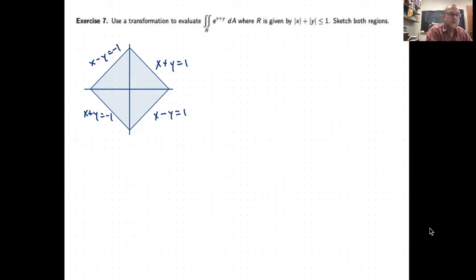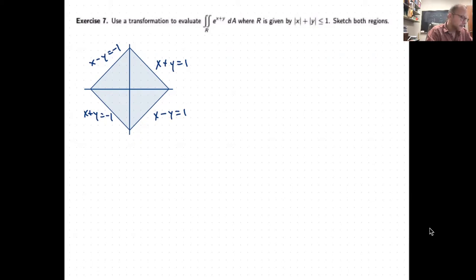So our region that we're thinking about is this diamond shape. It is actually a square, but at a 45-degree angle. Okay. But once you see those, you see why that same transformation keeps coming up over and over again.